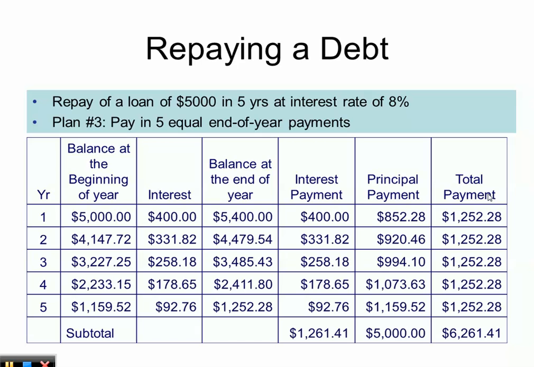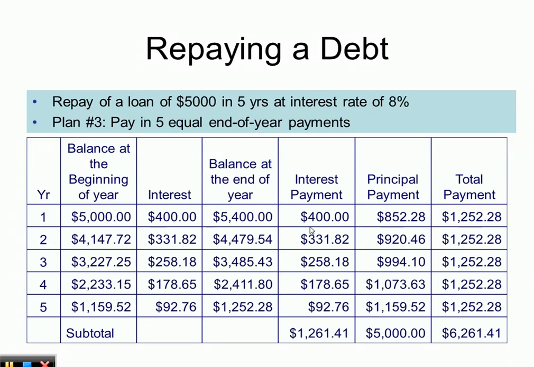Or alternatively, this is the balance at the end of the year, and we're subtracting the total payment we made. So subtracting 1,252.28 from 5,400 will get us 4,147.72. Now if you multiply this by 8%, this is going to be the interest, and adding these together gives us the balance at the end of the year.